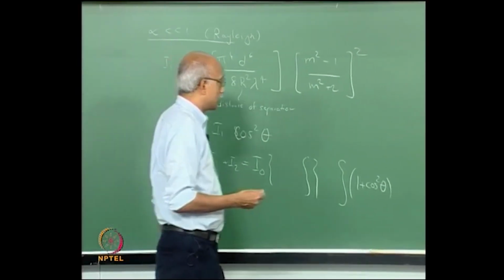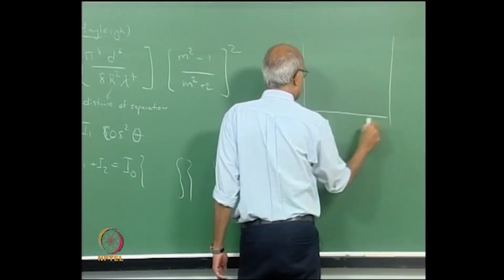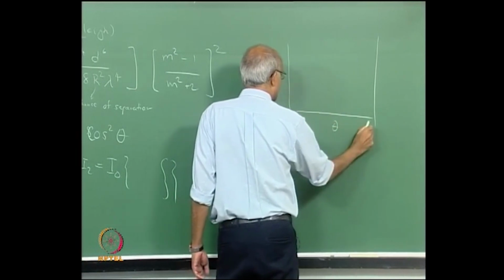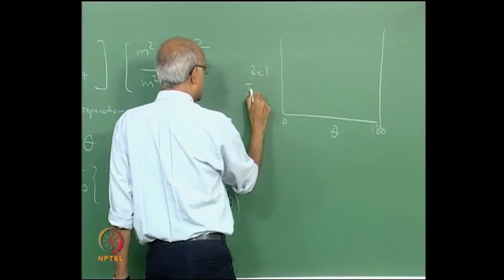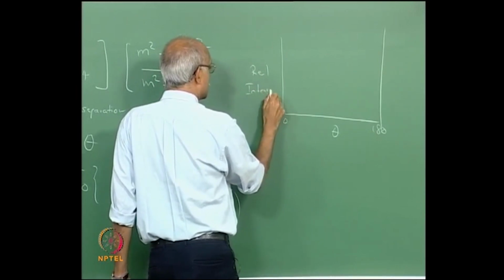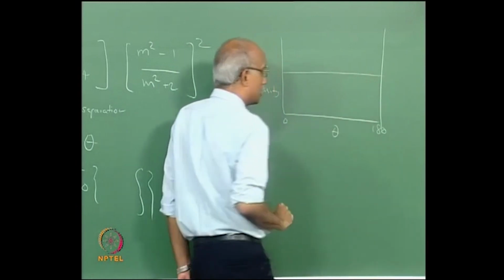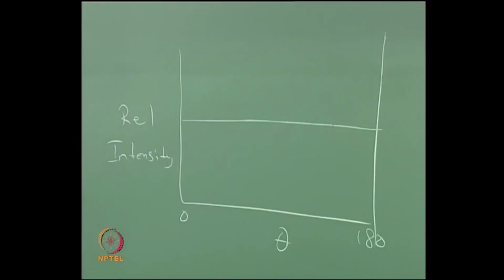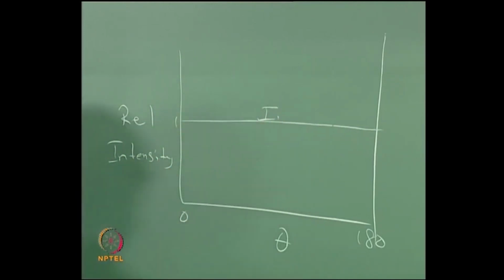Now, if you plot this as a function of theta, so theta goes from 0 to 180, and let us say that you are plotting a relative intensity here. I1 will essentially have a constant profile with respect to theta. Let us say that this is 1.